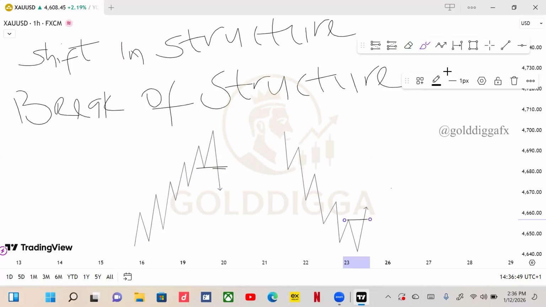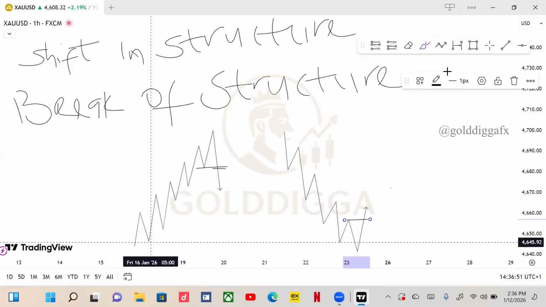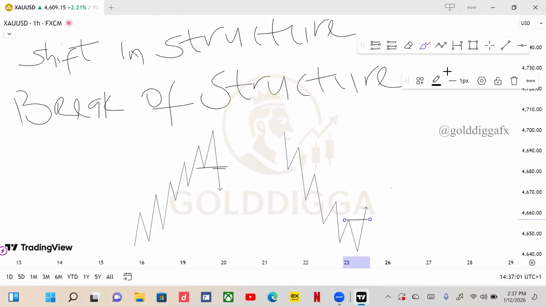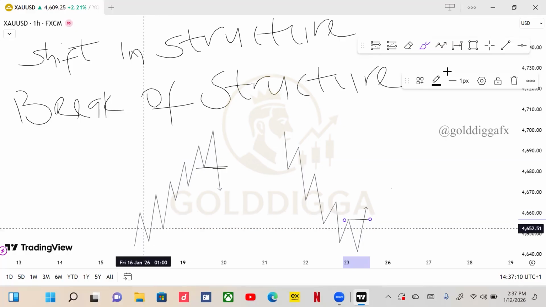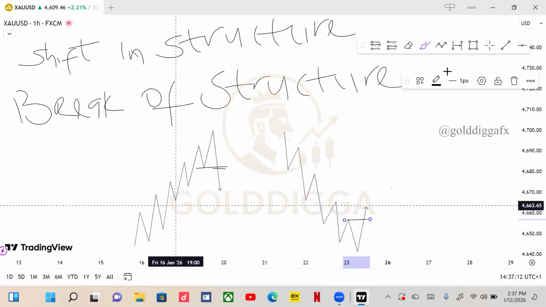If you check here, price has been respecting higher lows. Each low has always been higher than the previous low, which shows that buyers are not willing to let sellers drive price to the previous area. So price goes higher, comes back here, right?